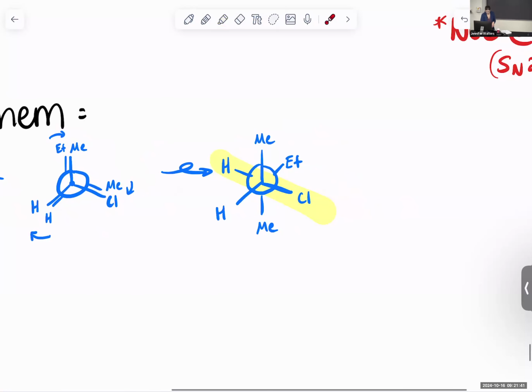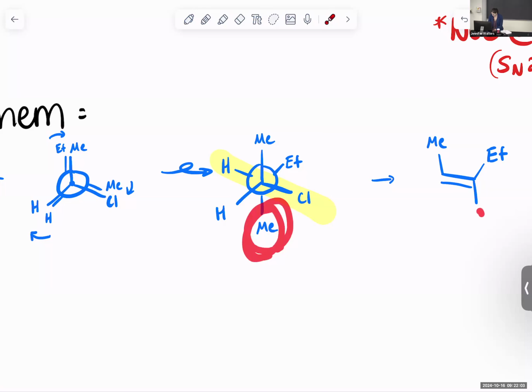So when I go to remove those, I see that I end up with my methyl in the upper left, the ethyl in the upper right, the methyl on the back down here is the lower right, and the hydrogen is over there.